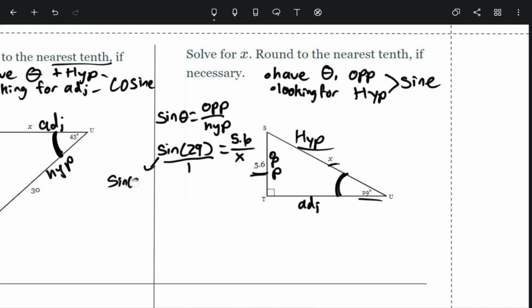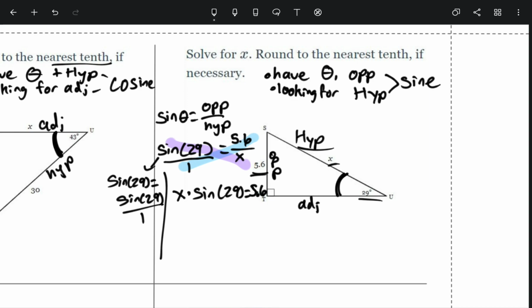So sine of 29 is equal to sine of 29 over 1. Now I'm going to cross multiply. Let's bring back our skills from unit 3. So if we cross multiply, now we have x times sine of 29 equals 5.6.